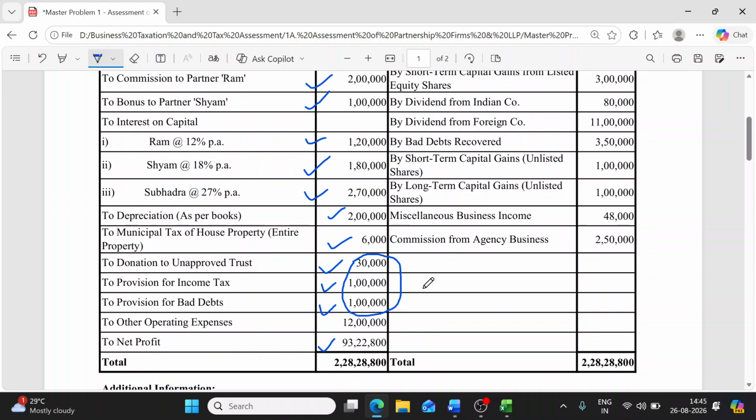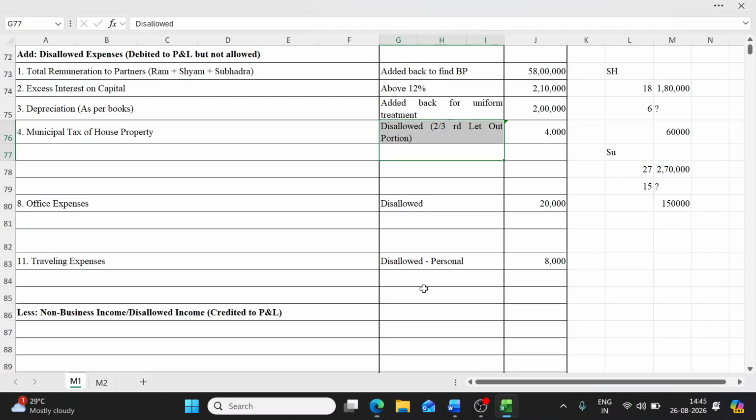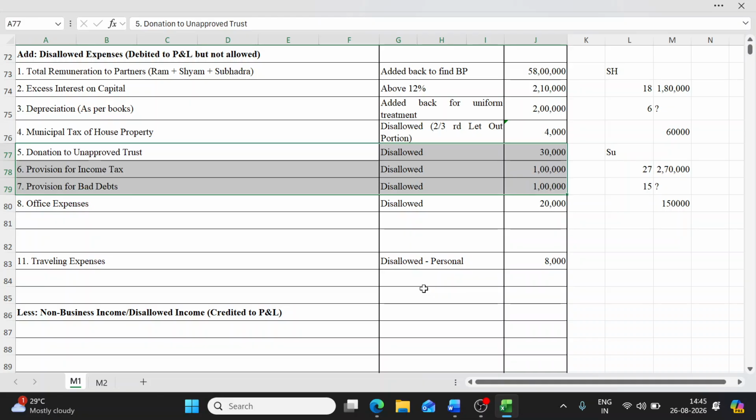Here I'll show you points number 5, 6, 7. You will see these three are disallowed, and we will add these three back again in the net profit.